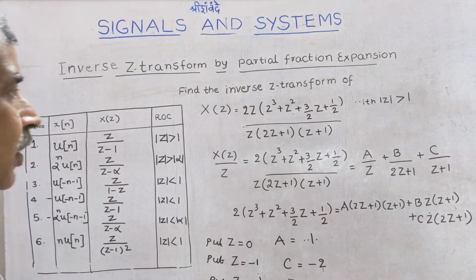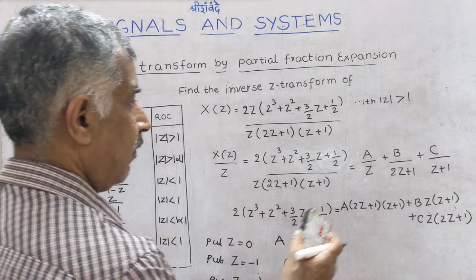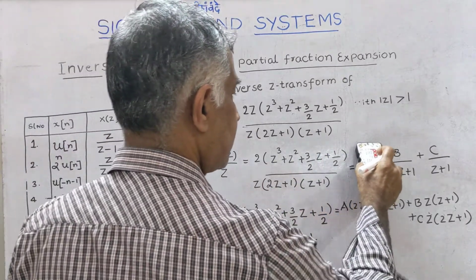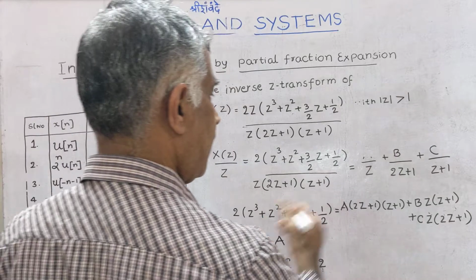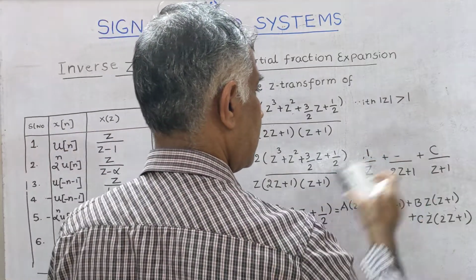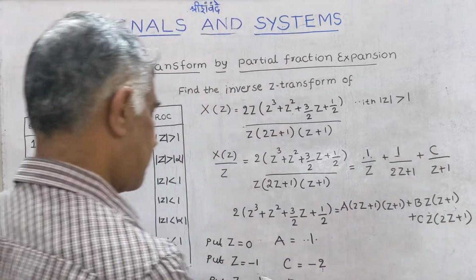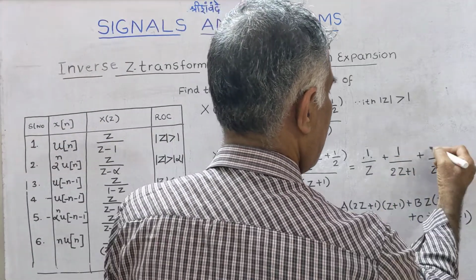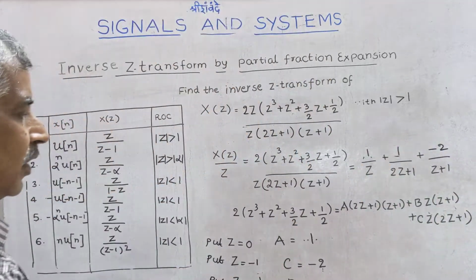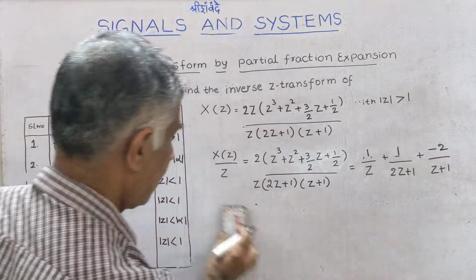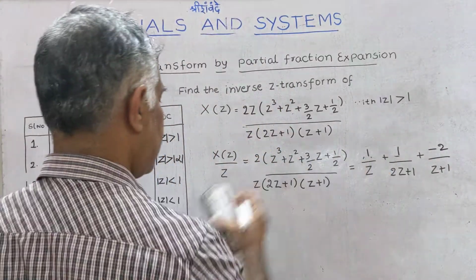Now you substitute the values here. Substituting A equal to 1, B equal to 1, and C equal to minus 2, next I will take this z here.